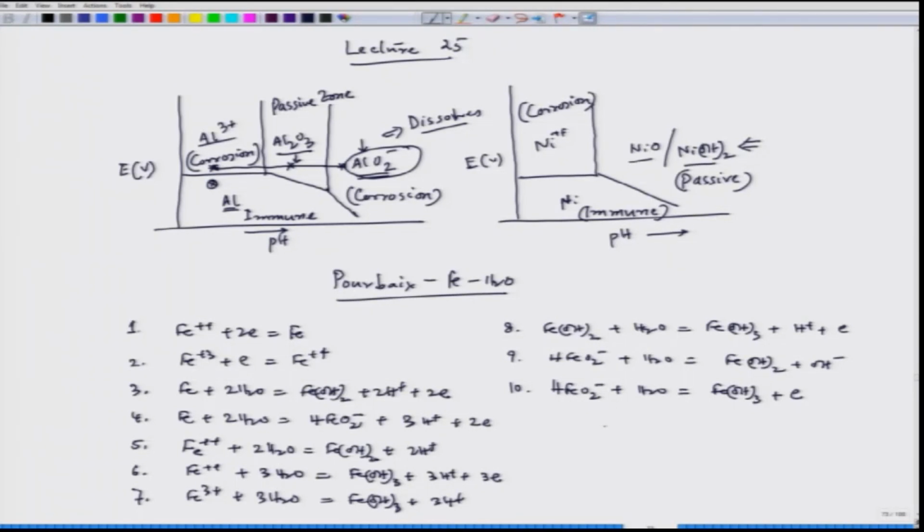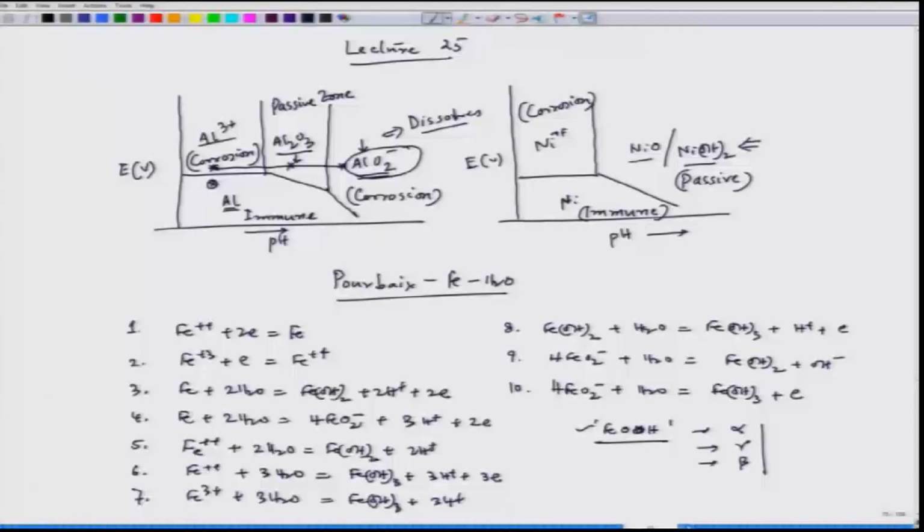For example, one important phase in case of iron system, this could be available in the form of alpha, or in the form of gamma, in the form of beta. So, these three allotropes are possible for this particular phase, and these phases are important in the sense that they give different levels of passivity of iron surface.